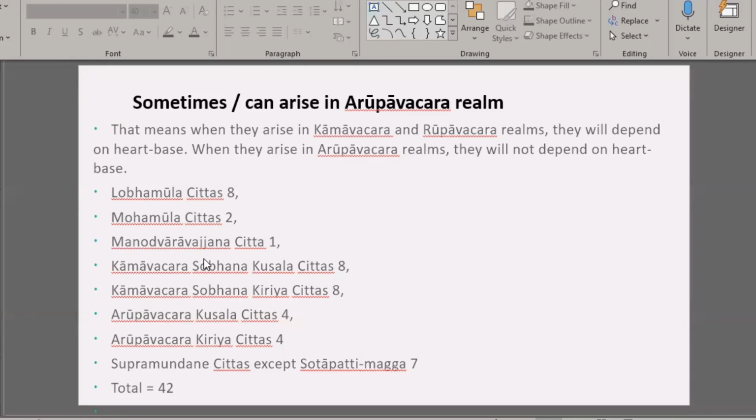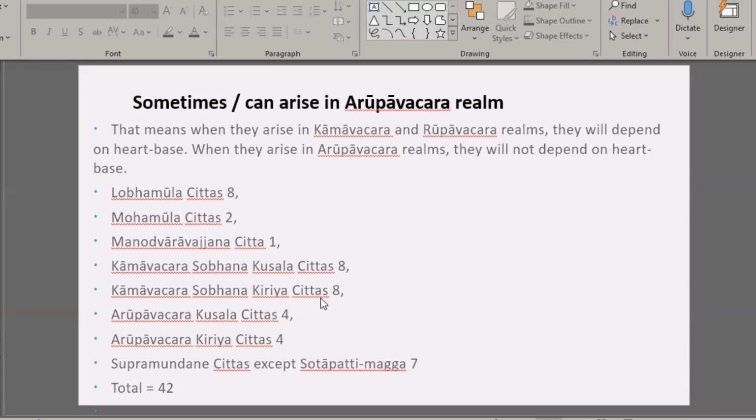Vithi, the mind or thought process. Manodvara Vajjana Chitta is essential. Manodvara Vajjana Chitta is the one that starts the mind or thought process. Therefore, it is essential for everyone to arise, to start the thought process.